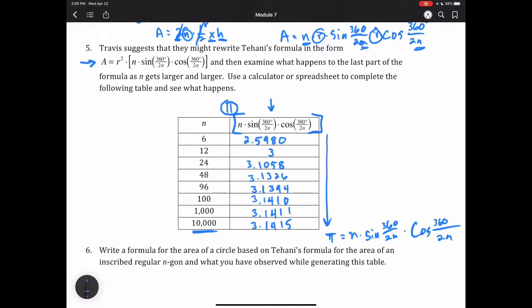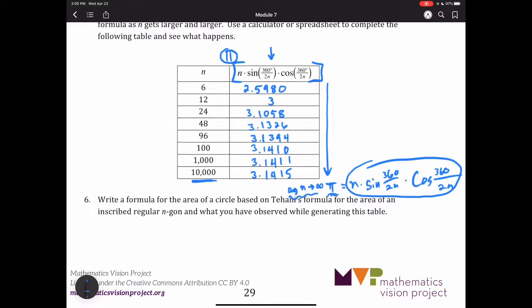And another way we can say this too is as n approaches infinity, okay? That's something you'll be familiar with as you get into things like pre-calculus and calculus. They are called limits. So we are going to take all of this and substitute pi in for that. So we get the area is equal to r squared times pi, which, if you know the area formula for a circle, that's it right there.